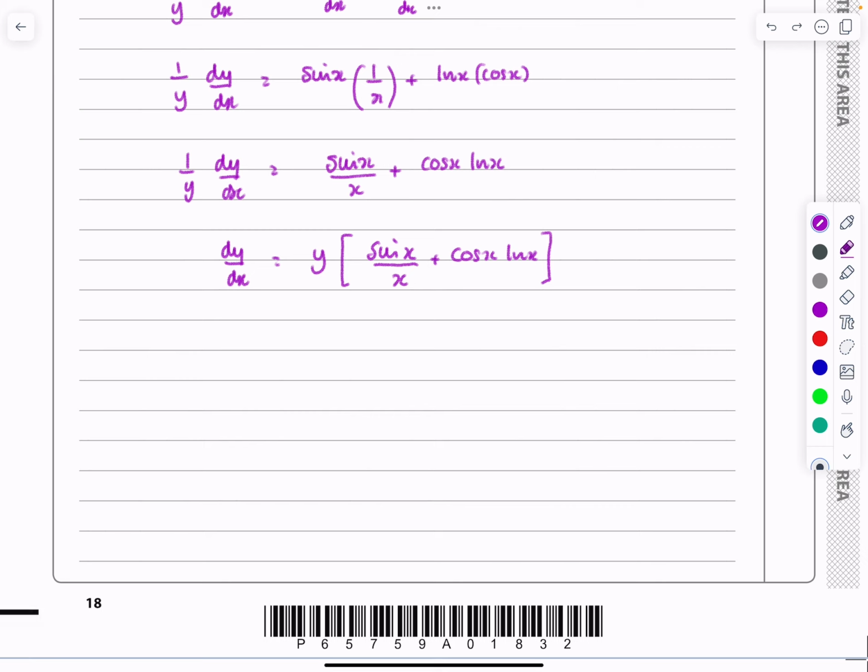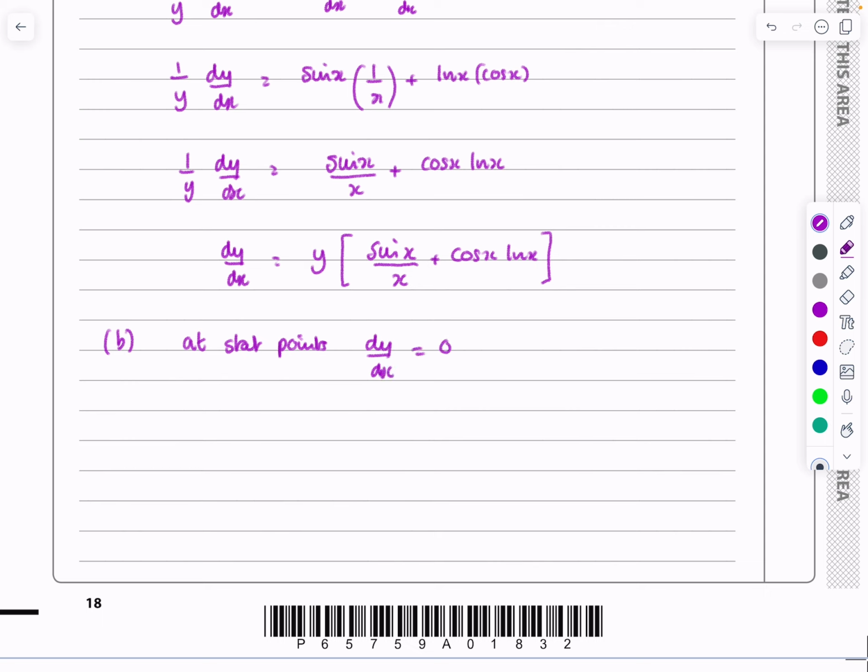But let's tell the examiner what we're going to do. So for part B, at stationary points, dy by dx is equal to 0.